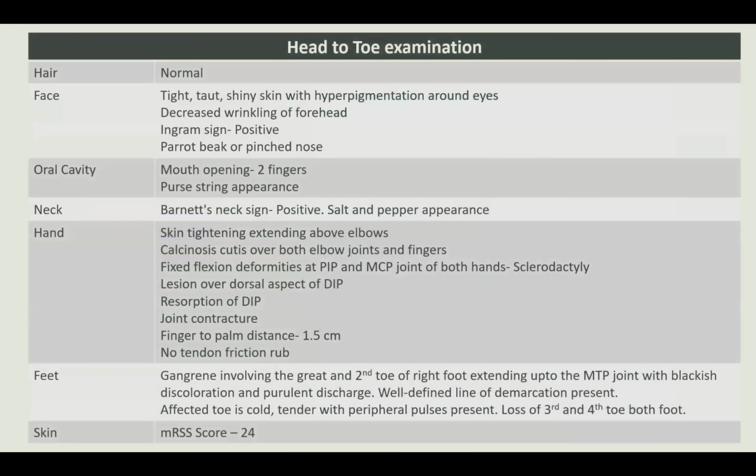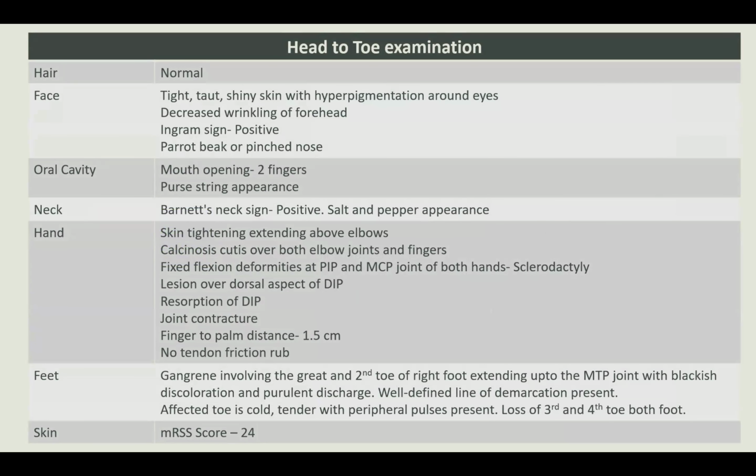Head to toe examination. Her hair was normal. Face has a taut, tight, shiny skin with hyperpigmentation around the eyes, with decreased wrinkling of forehead. Ingram sign was positive. Parrot beak or pinched-nose appearance was there. Oral cavity, mouth opening was two fingers with puckering appearance.